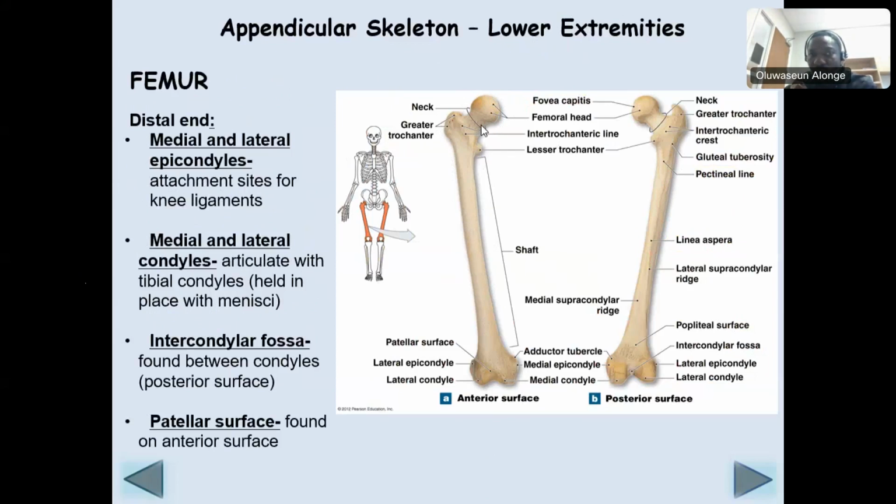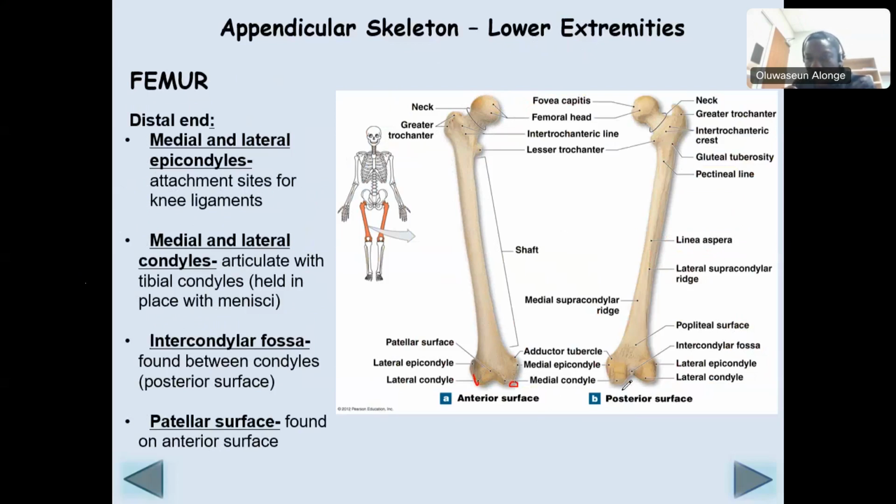Now, on the femur, the distal end of the femur, which is the part that articulates with the tibia, we have the lateral condyle here, the medial condyle here. Again, we have another structure, which is the epicondyles, and I'll be showing that to you.